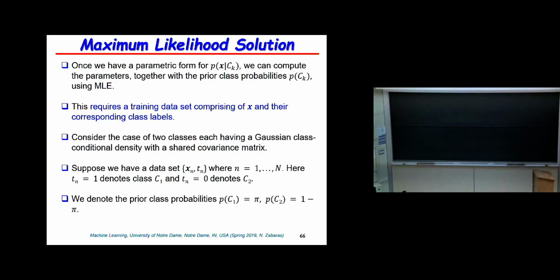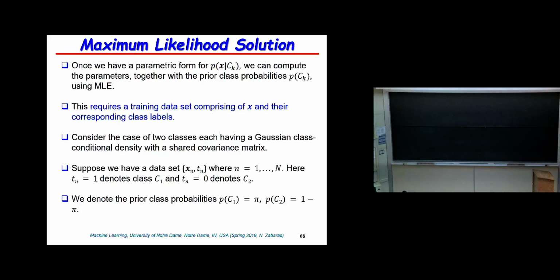All right, so for these models to work, we need to have the class conditional distributions, and we need to have the priors. We are going to compute all of this information from data. So I'm going to throw at you some data that gives you some points xn, for little n equal to 1 to capital N, and I give you the labels of these points.